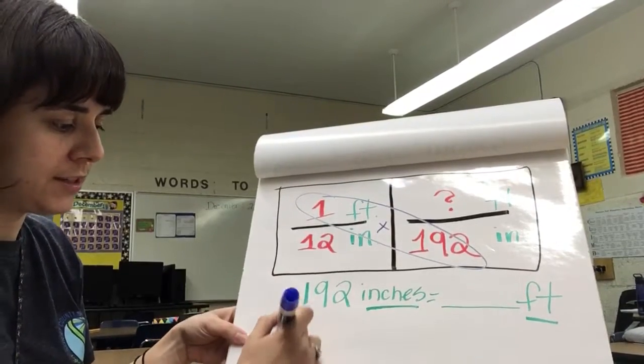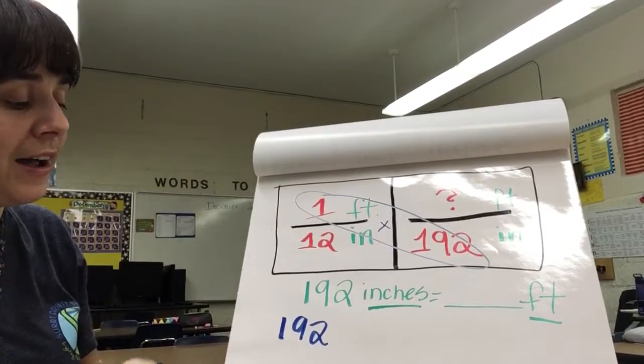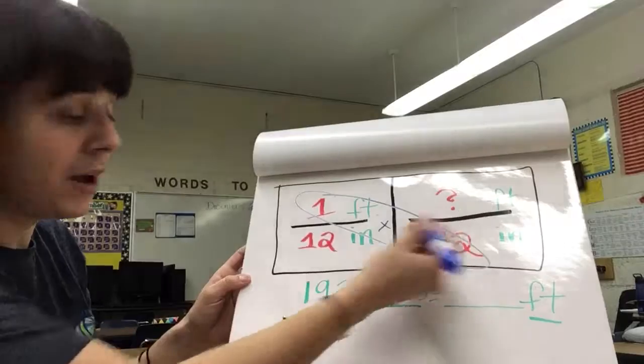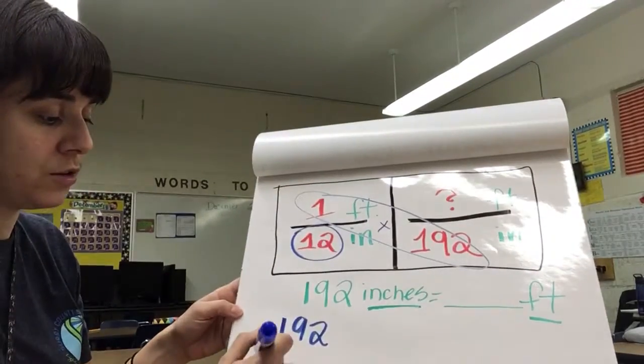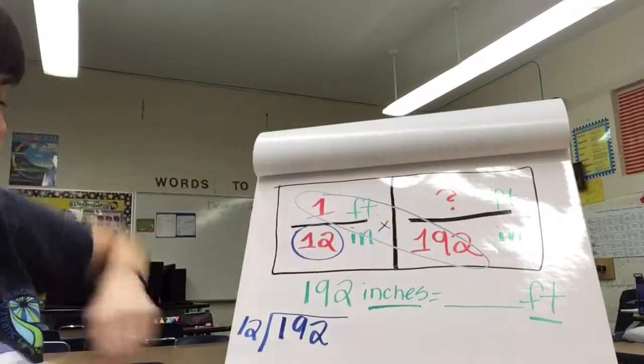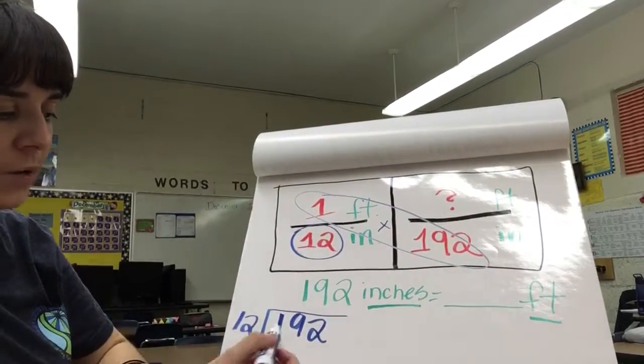Okay, 192. And then I'm going to divide this by the number I have left over. I can't divide by a question mark, so I'm going to divide it by 12 to figure out how many feet I have. Okay, so I'm going to just switch pages here.